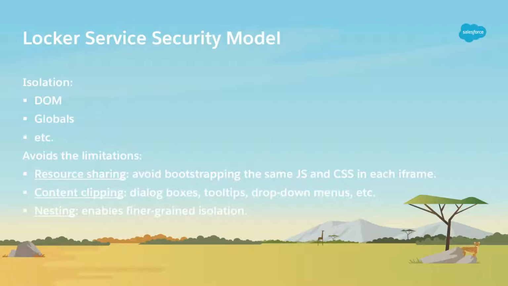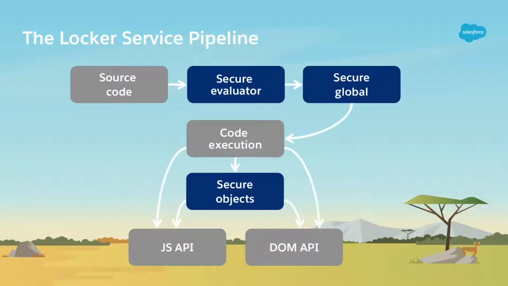Now, how does it work? There are many ways we can look at Locker Service. If we take a look at the pipeline view, this is overall how it works. Imagine we load your code and we evaluate it in a secure context. So you have access to a secure global, which is yours. Then once your code executes, it has access only to some vetted APIs as raw APIs.